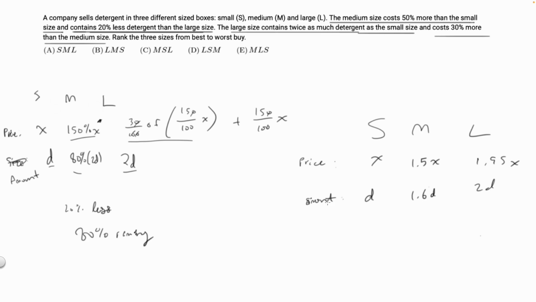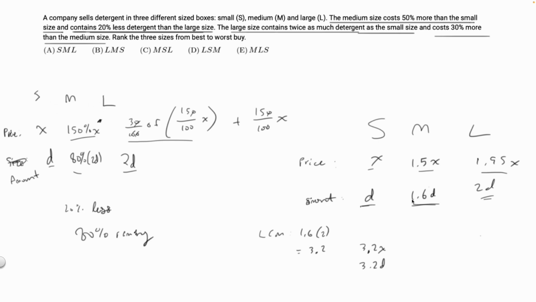And then from here, since we need to compare the amounts, we need to compare at a common value, so we're going to scale these up and find the LCM, which is going to be 1.6 times 2, and that's 3.2. So we need to compare at an equal amount so we can see how much each costs to be fair. Now if we scale the small size up by 3.2, it's 3.2D, and 3.2 times 1X is 3.2X.